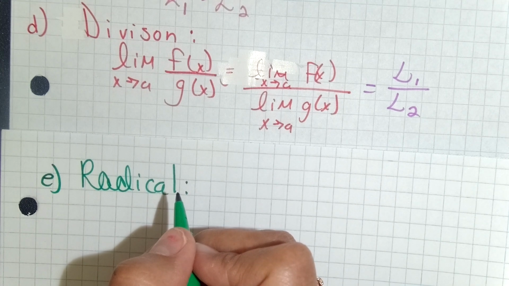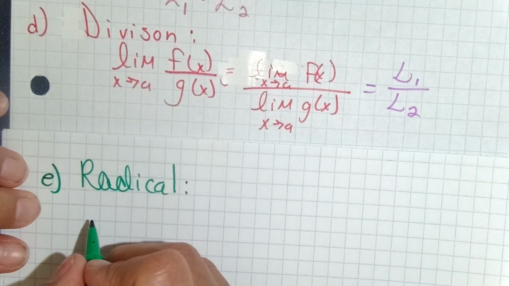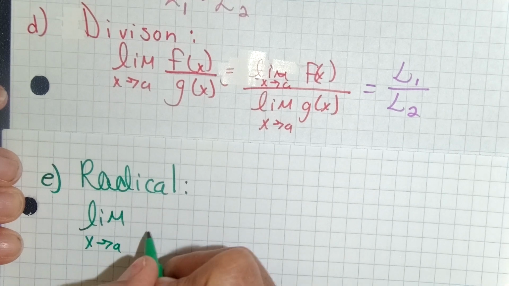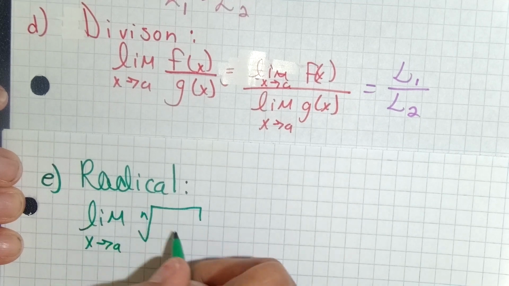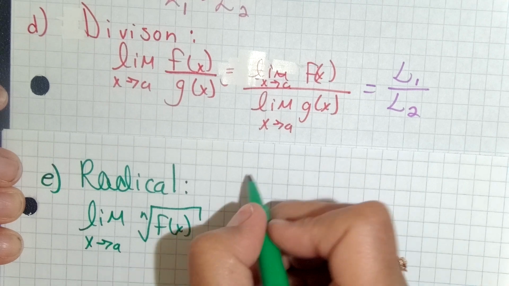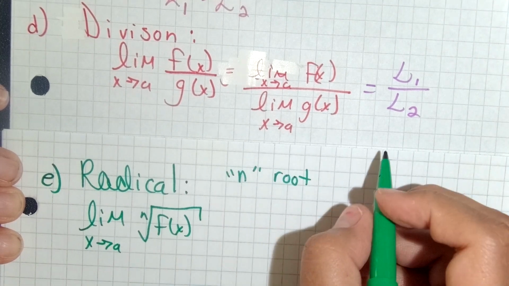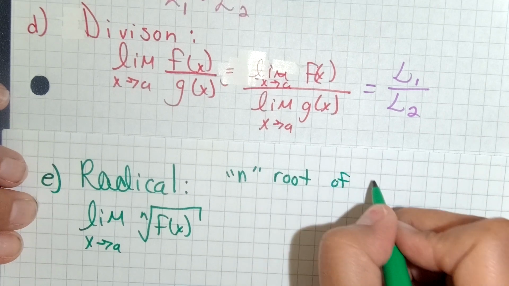Radical is like a square root or a cubed root. That's a root, okay? The radical law says that if we have the limit as x approaches a of the nth root of f of x, n is the root of the function.